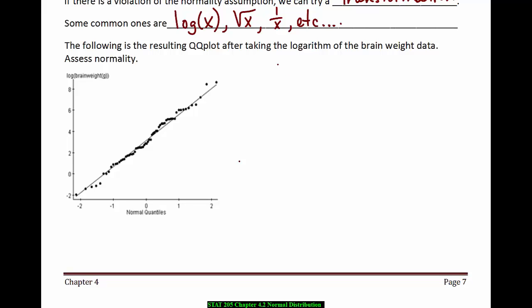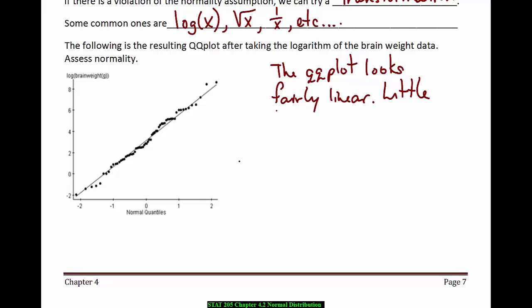So the QQ plot looks fairly linear. There's little to no evidence against normality.